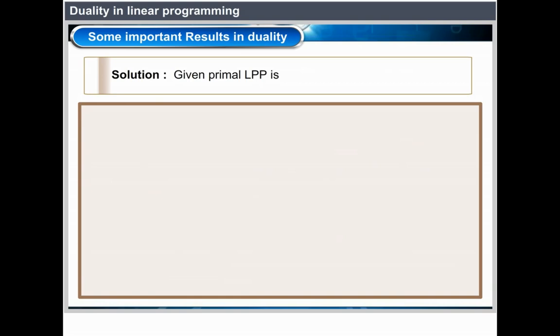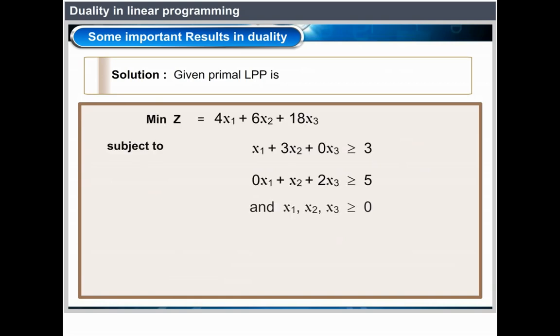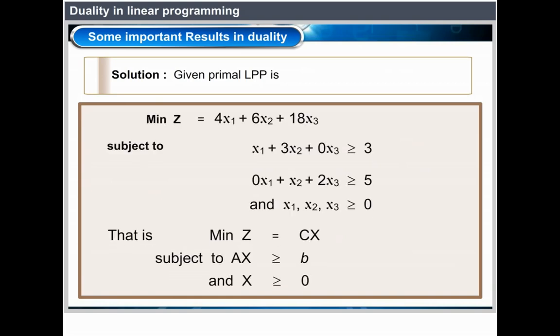Solution. Given primal LPP is minimize z equal to 4x1 plus 6x2 plus 18x3 subject to x1 plus 3x2 plus 0x3 greater than or equal to 3, 0x1 plus x2 plus 2x3 greater than or equal to 5 and x1, x2, x3 greater than or equal to 0.